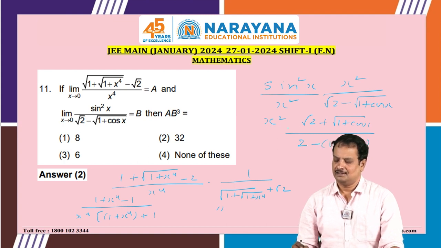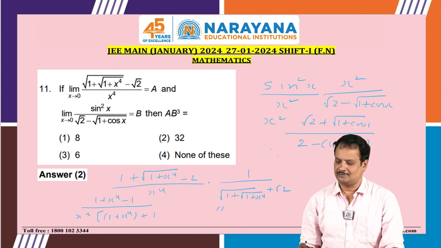Finally, the first part of this one is x square by 1 minus cos x. This is 0 by 0 form. The second part we can directly substitute 0, so you'll be getting 1 plus cos 0, so root 2 plus root 2, 2 root 2 here. And this is nothing but 2 root 2 for this.